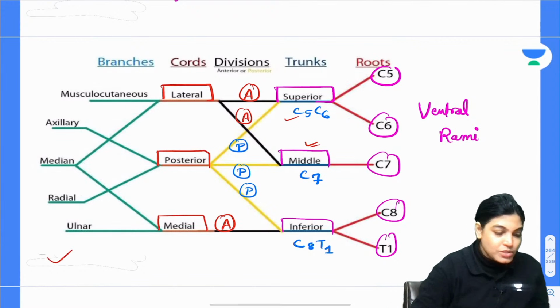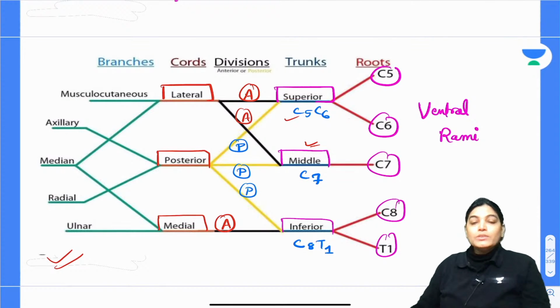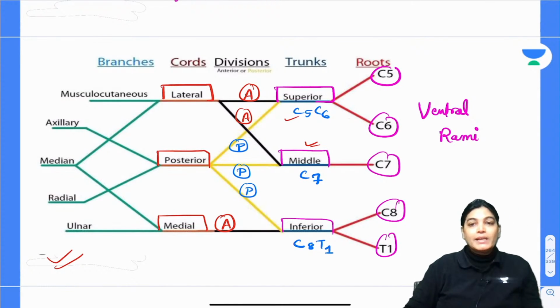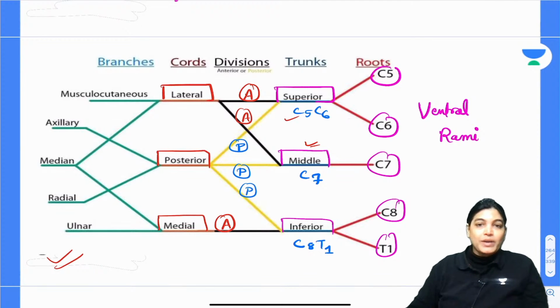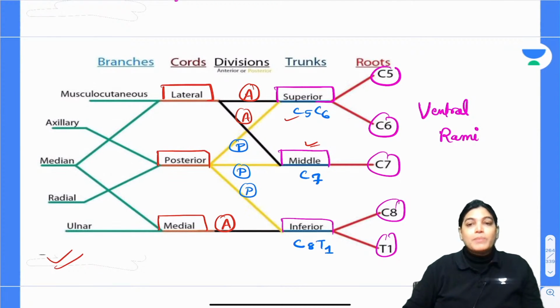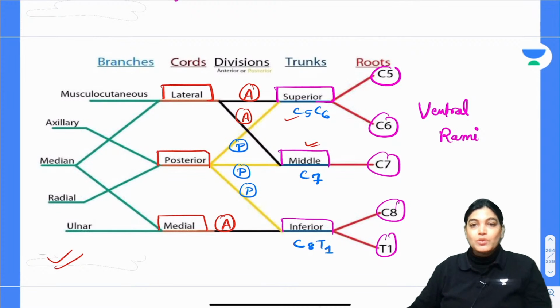And the important branches of brachial plexus are very important for you to know. Branches of brachial plexus in detail we have done in the study session. We already know the branches of lateral cord by the mnemonic ML2: musculocutaneous, lateral pectoral nerve and lateral root of median nerve.